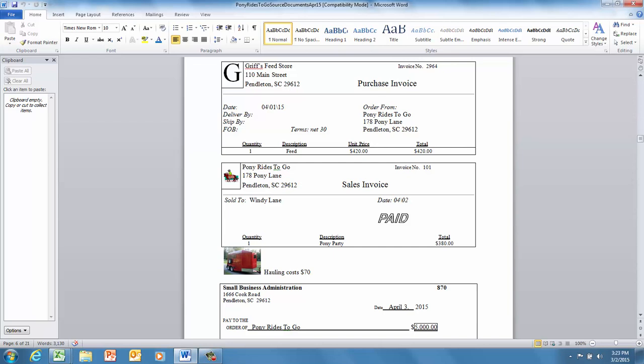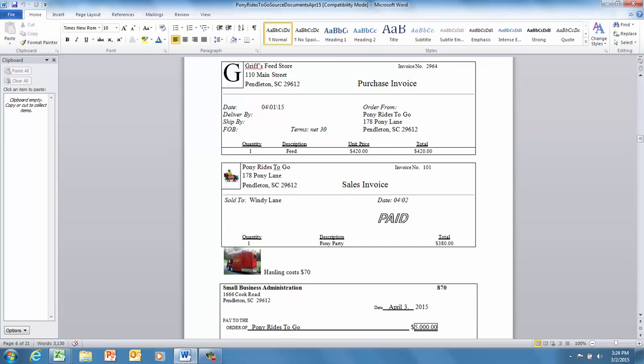And notice also that the word paid is stamped onto this invoice, meaning that once we got done with the party and she owed us the money, and we presented her with the sales invoice for the party, then she gave us a check right away. And so we stamped her in this invoice as being paid. So we're receiving cash of $380, and we gave up sold services.